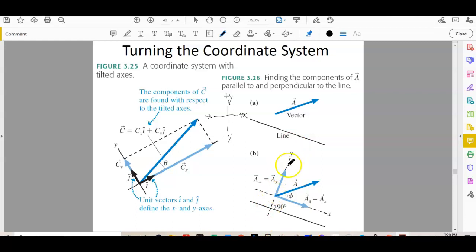So in this case, when you twist the coordinate system so that the x direction is parallel to this line, I'm going to write this vector from the origin. The positive x is now going to be down and to the right, okay? So I'm going to write the rest of the coordinate system, okay? And when you do that, sometimes later on you're going to make things a lot easier mathematically if you twist the coordinate system.